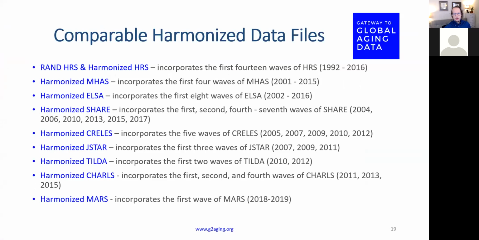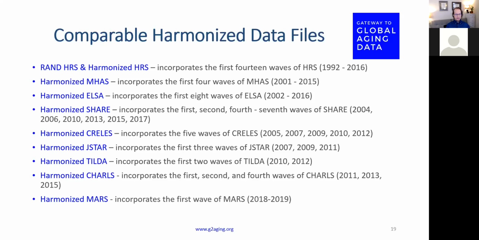The harmonized data sets, which have already been created, which are comparable to the harmonized KLOSA files, include the following list. I won't read them all, but maybe I'll just say what countries or regions they cover. So we have the RAND HRS and harmonized HRS that covers the United States. I'll mention briefly that the harmonized HRS is a supplement to the RAND HRS.